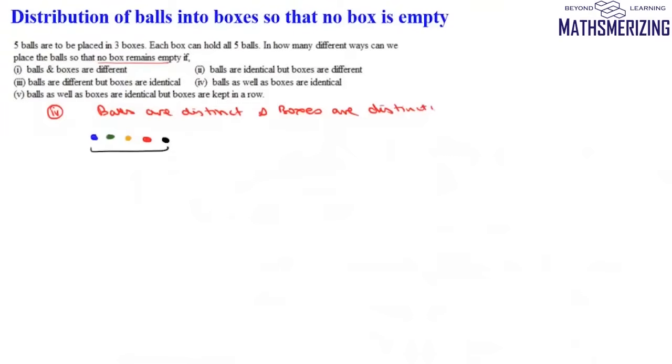Now we'll come to our fourth case, which is when the balls are distinct and boxes are distinct. So now we have 5 balls which are distinct, and we also have 3 boxes which are distinct.